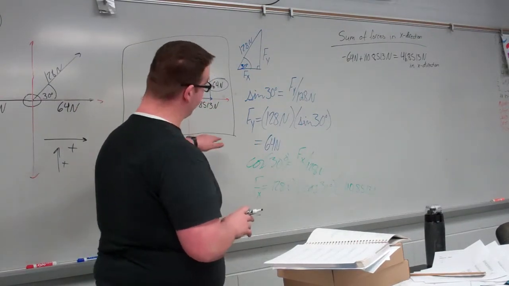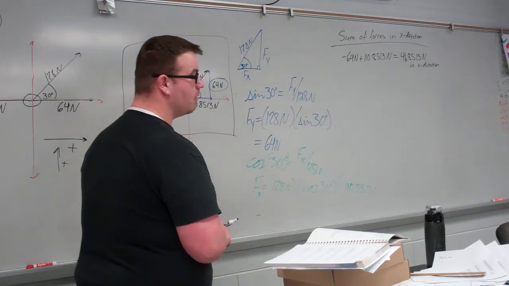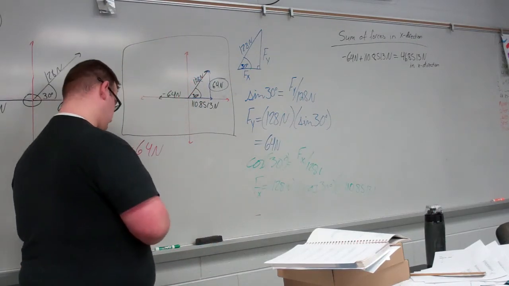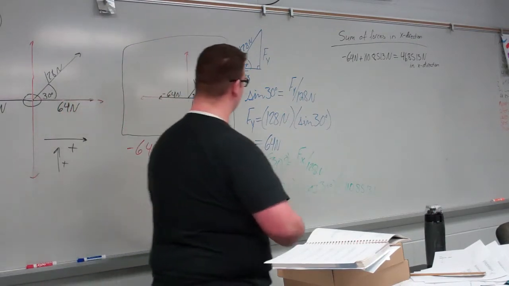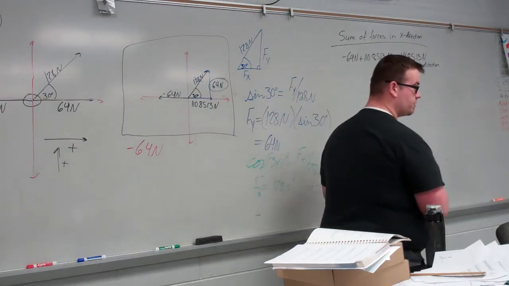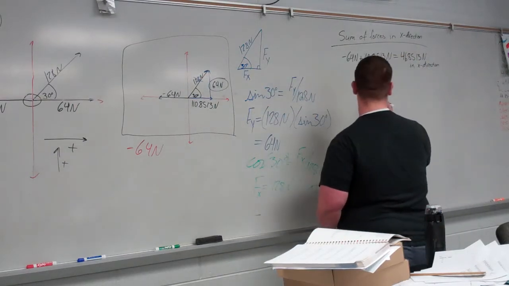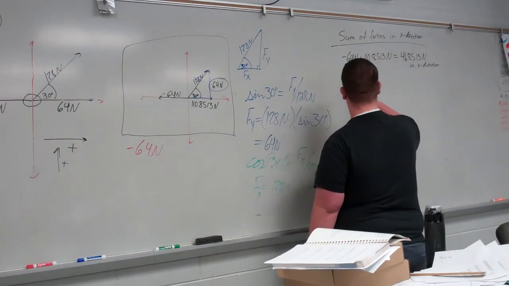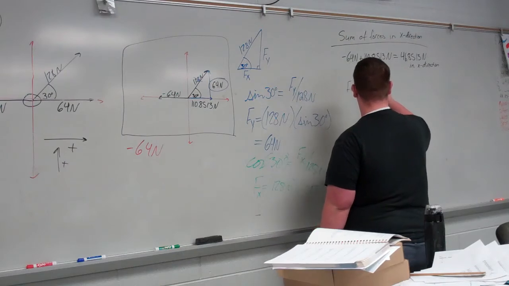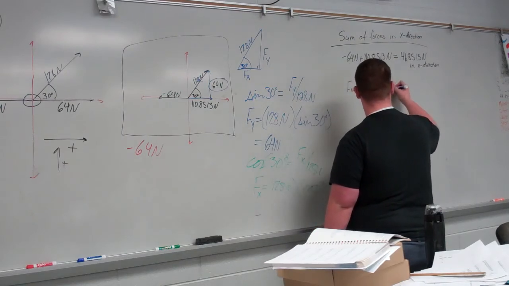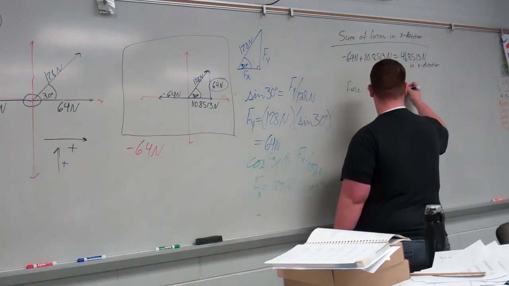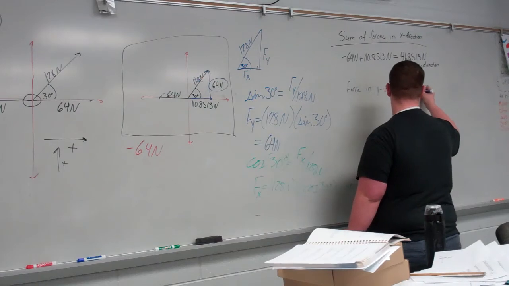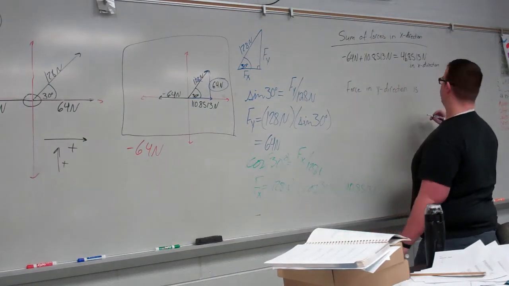Then we have to deal with what's in the y direction. Just 64. There's nothing really to sum up because it's the only force in the y direction. So the force in the y direction is 64 newtons.